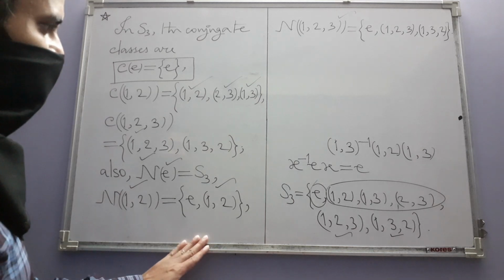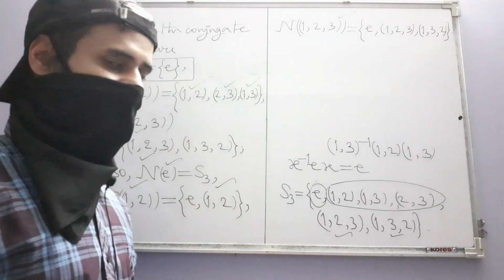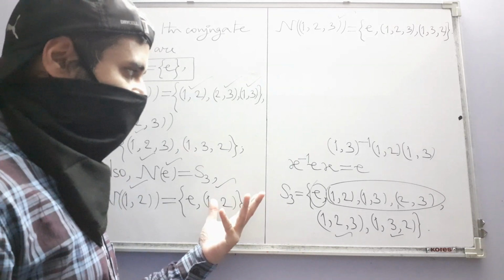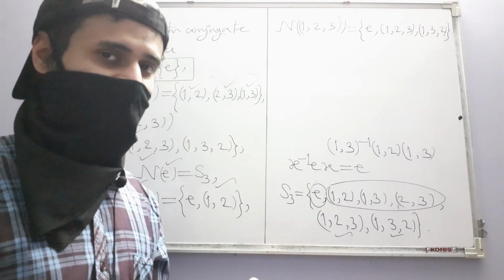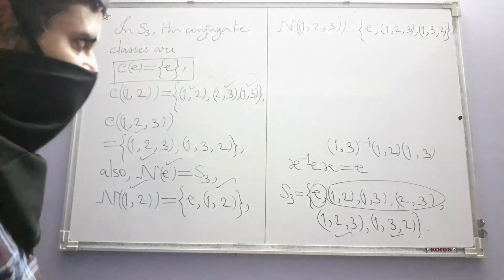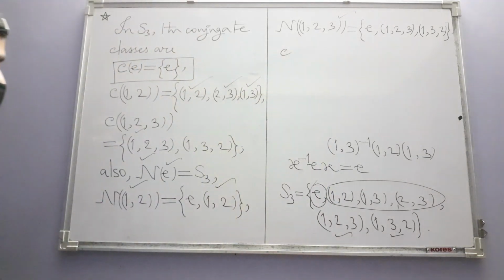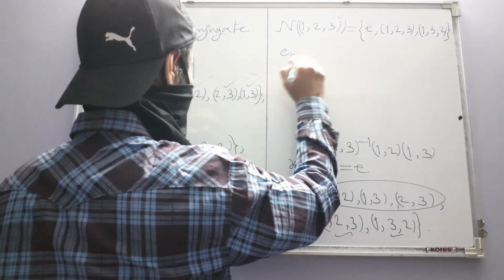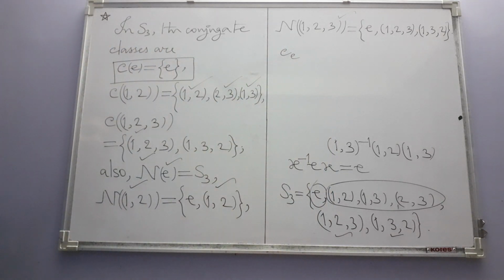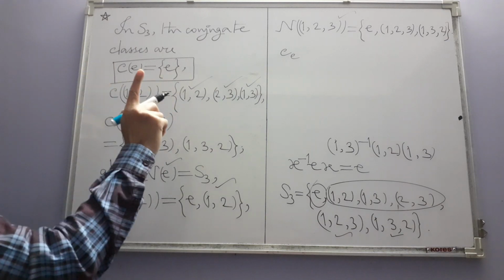And now if you want to see the class equation being true in this case, you calculate the sizes. What is the size of the conjugate class of E? It is 1.